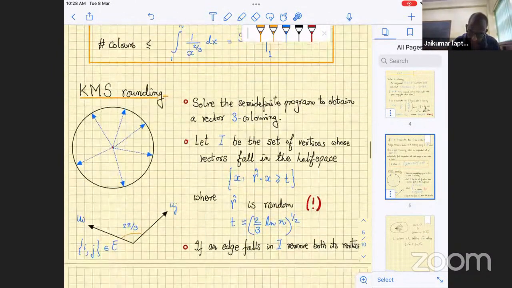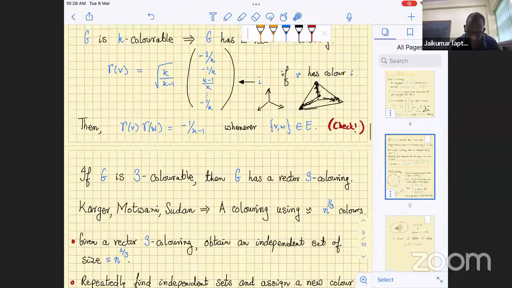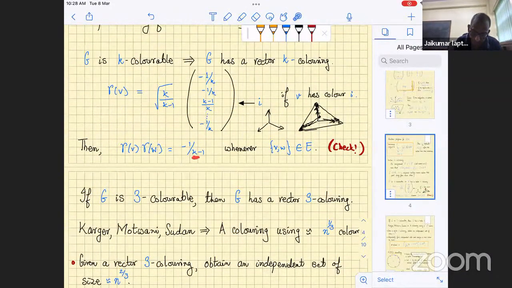How much opposite? Their dot product is -1/2. Yeah. So that means they make an angle of 120 degrees. Yeah? So adjacent vertices make an angle of 120 degrees.